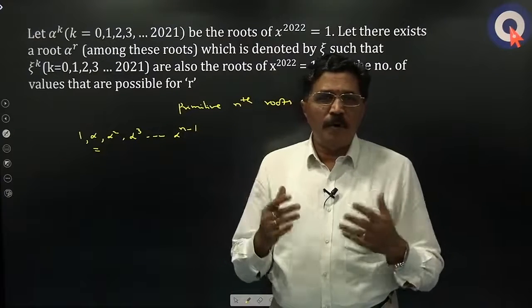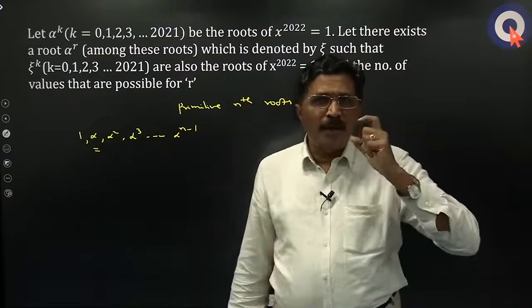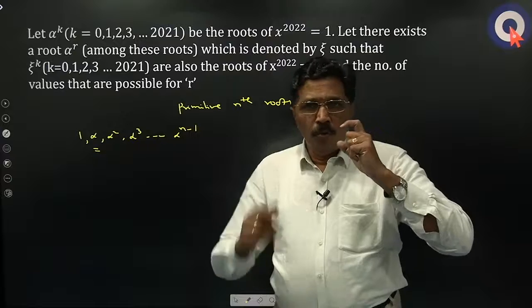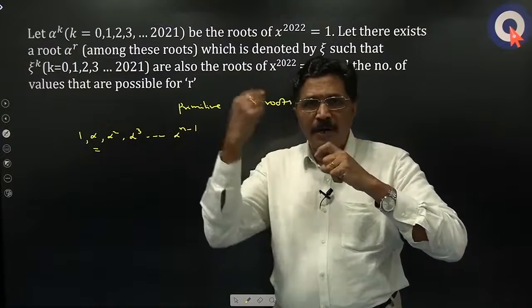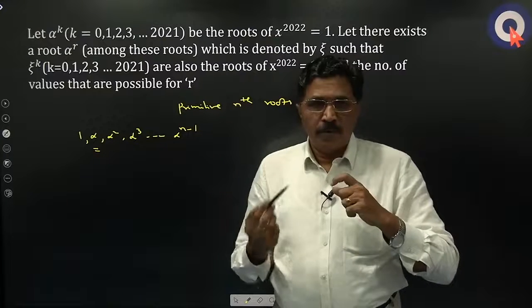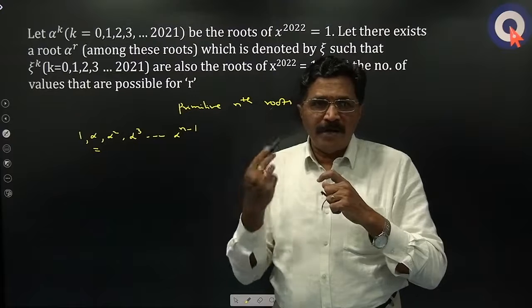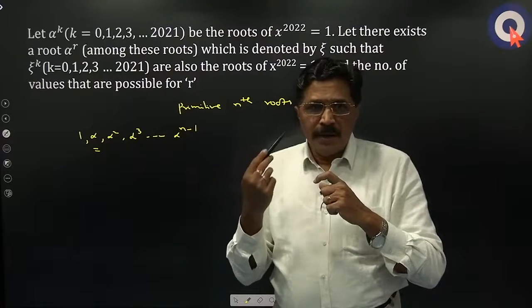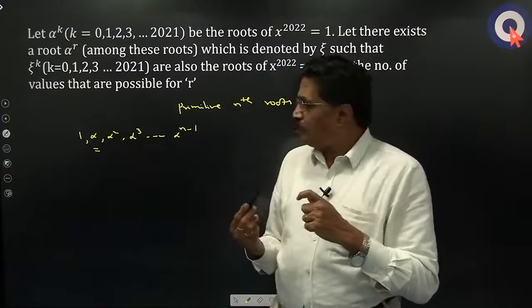Raise it to the power 4, you are getting alpha power 4, etc. So alpha has the capability to bring out all the other roots by appropriately raising it to a certain power. So alpha, by raising it to the power 2, 3, 4, etc., we can generate all the other roots.